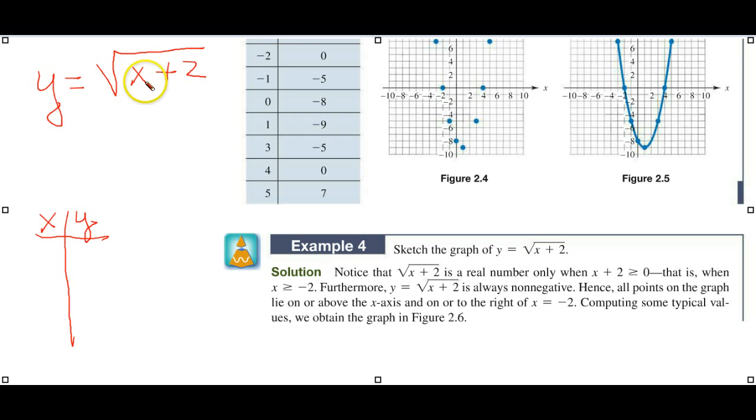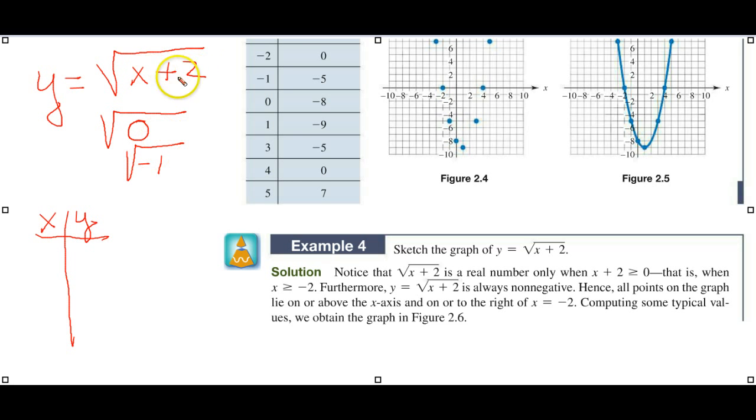Well, first you have to find out what values are in the domain of x under these circumstances. You can't have anything lower than 0 under the radical sign, because as soon as it becomes a -1, this is not a real number answer.